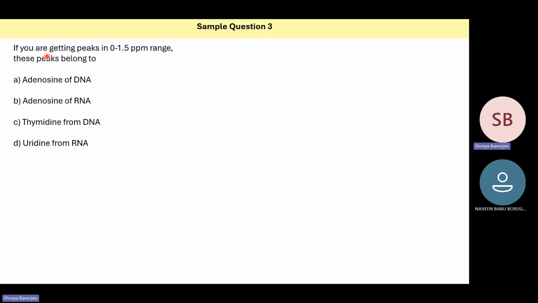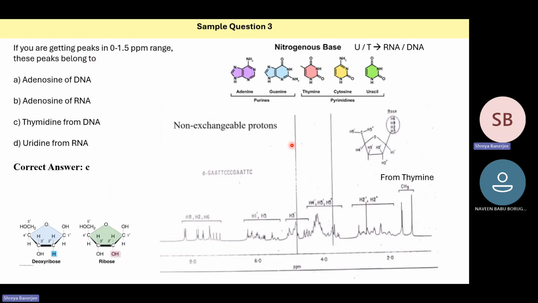Then you have another question. If you are getting peaks in the range 0 to 1.5 ppm, these peaks belong to what? So if you remember the previous class, 0 to 1.5 ppm is a very unique range. And in that range, only methyl groups can appear. In this range, which is less than 2 ppm, only CH3 groups can appear.